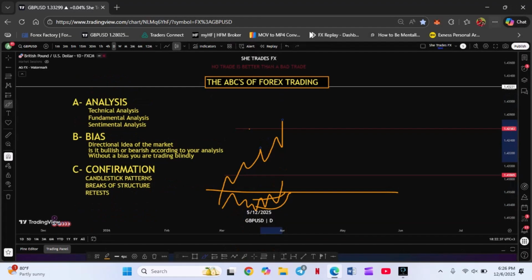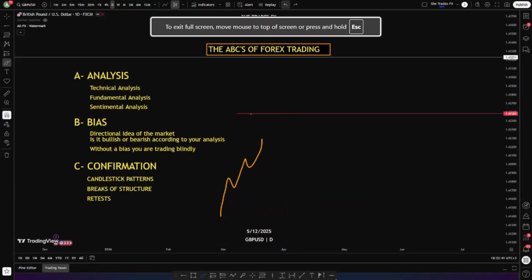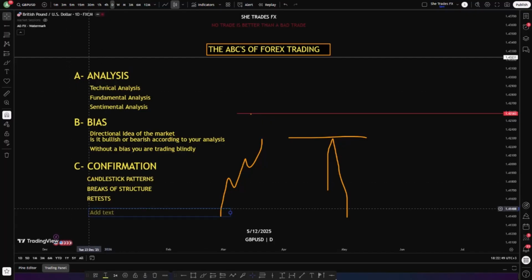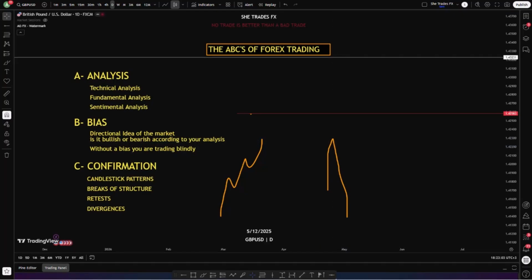Personally, I do not trade those divergences, but you can do research into them and learn how it can be a method of confirmation. Divergences. Okay. So that is C. All right.